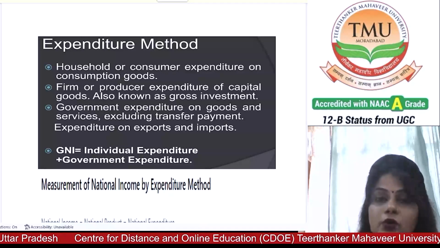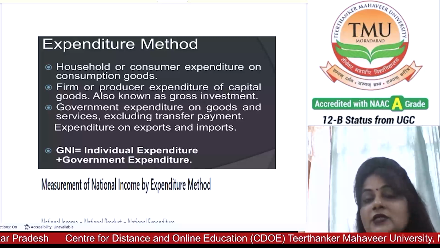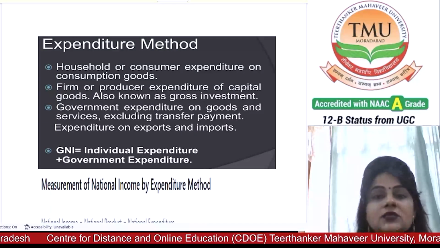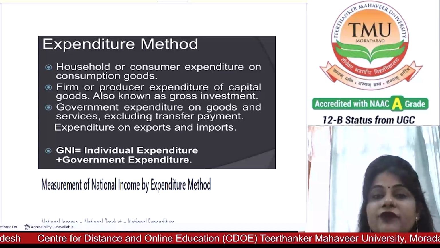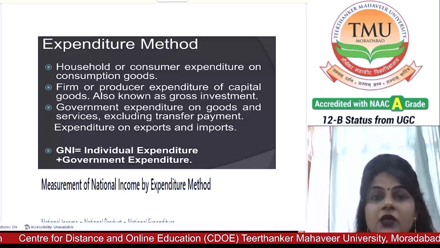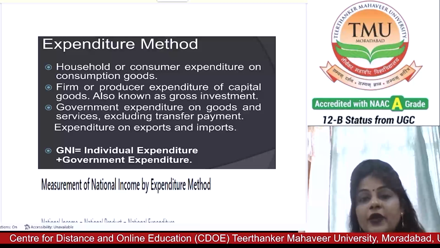It also includes government expenditure on goods and services to fulfill social welfare needs. Investment expenditure refers to the expenditure made by companies and production units for raising capital.